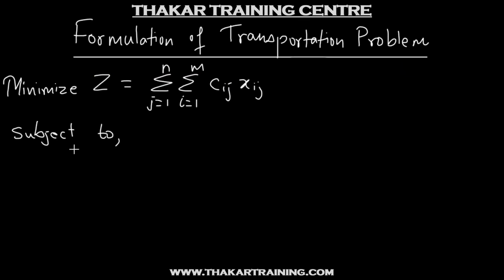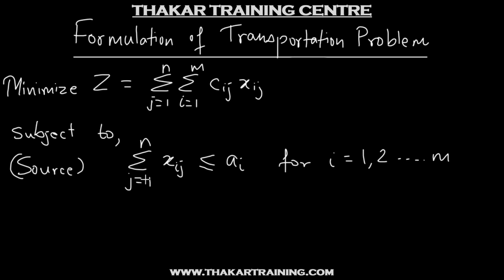And the constraints will be, for any source, you cannot supply more than the capacity. So summation of xij over j should be less than or equal to ai for all i equal to 1, 2, 3, 4 up to m, and j will go from 1 to n. For any destination, you have to supply at least the requirement.